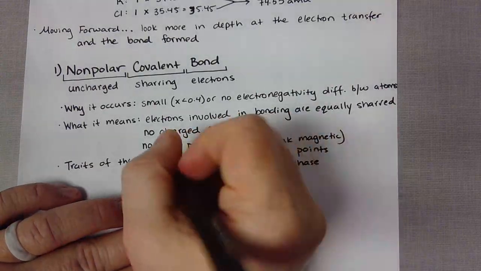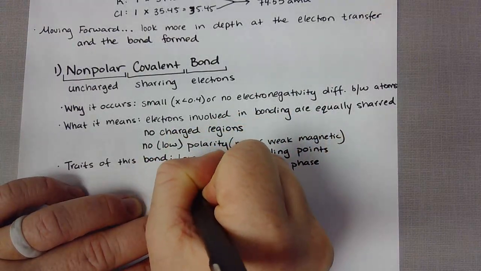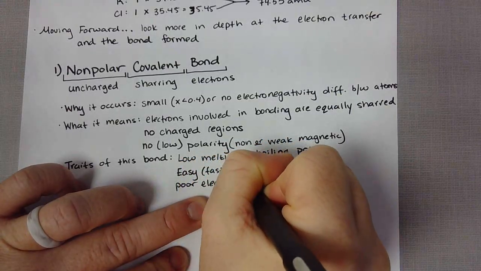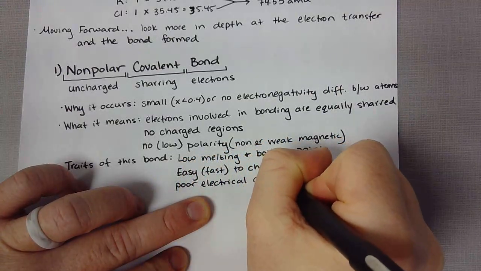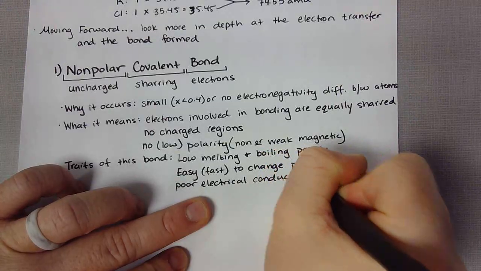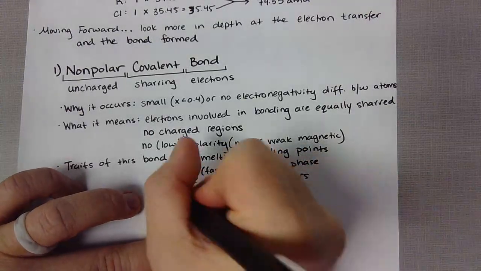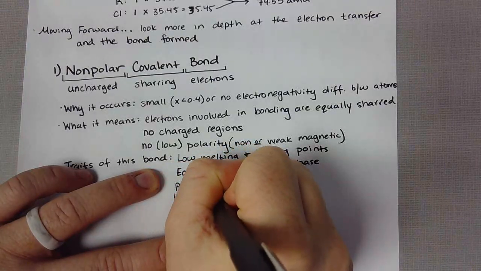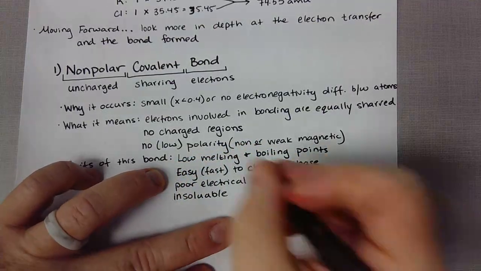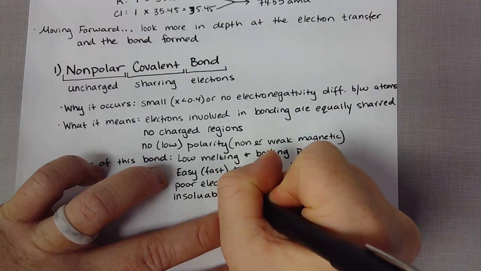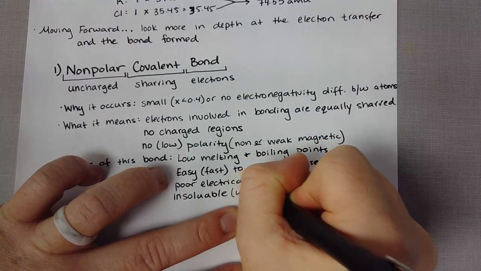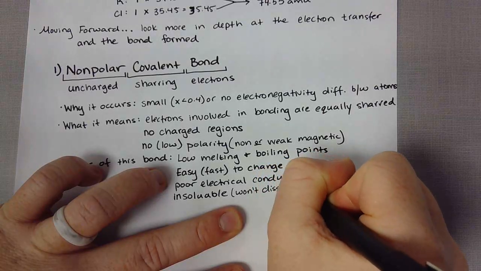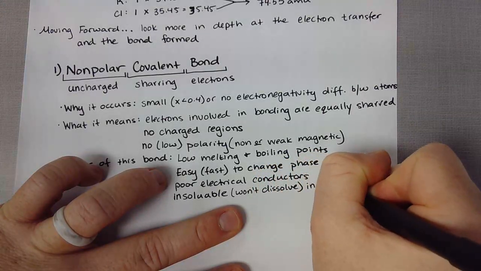They tend to be poor electrical conductors, and this type of bond is insoluble, which means the substance won't dissolve in water.